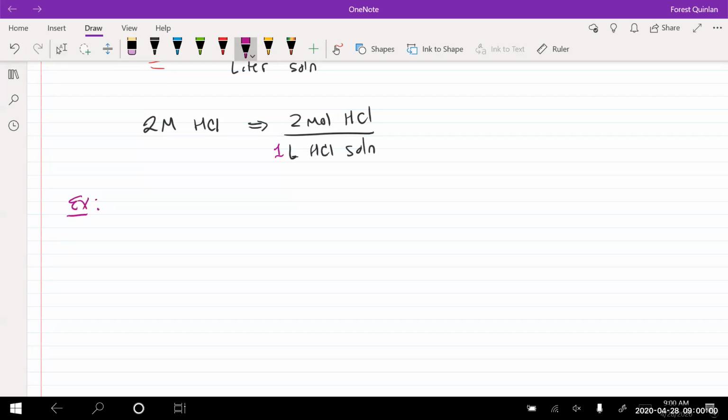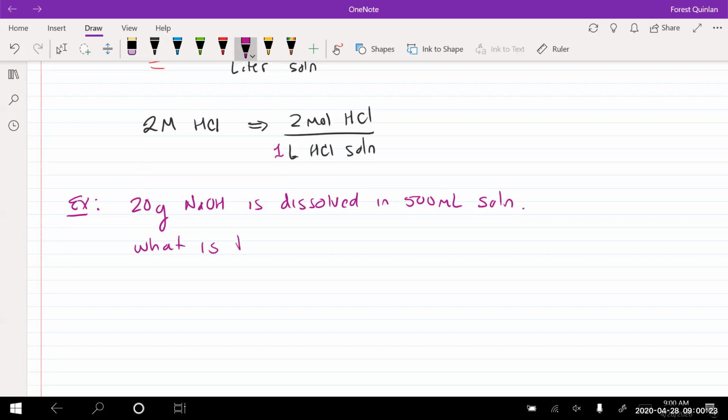For example, 20 grams of sodium hydroxide is dissolved in 500 mL of solution.